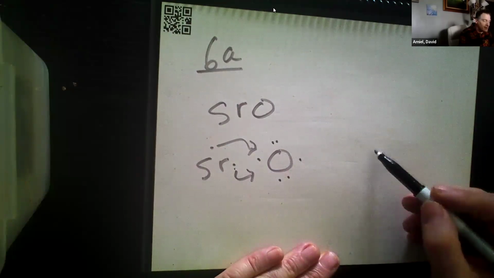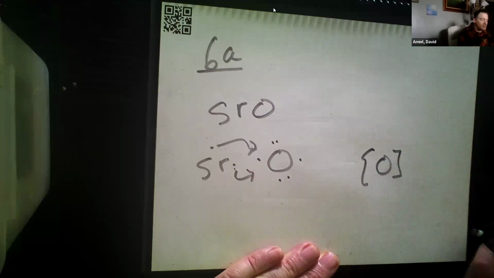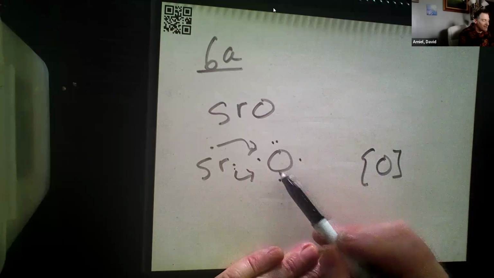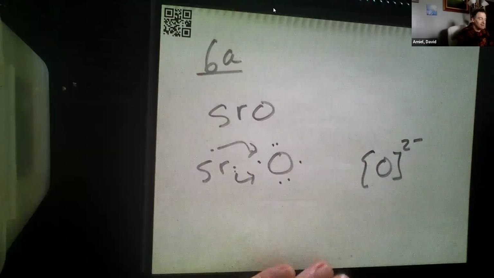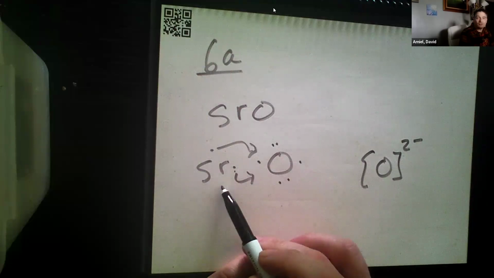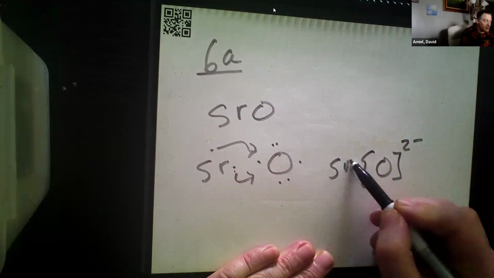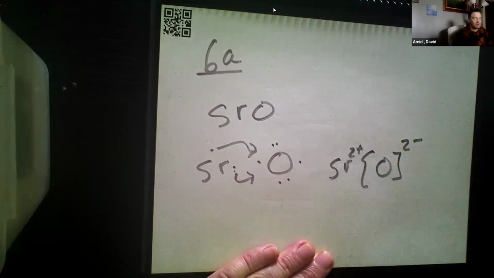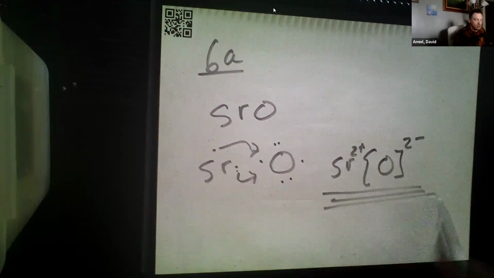We put the anion in brackets, O like that, and O has now gained 2 electrons, so it has a double minus. Strontium has lost both of its electrons, and so it's Sr2+, like this. And here is the Lewis structure for SrO.